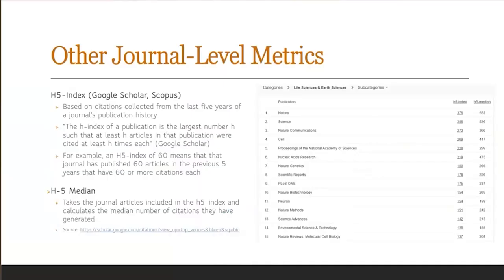If you look at Nature, an H5 index of 376 means that in the last 5 years, 376 articles have been cited at least 376 times, which is a lot. And then the median looks at this over the years. Again, math is not my strong suit, but really it's looking at the number of citations over a period of time.